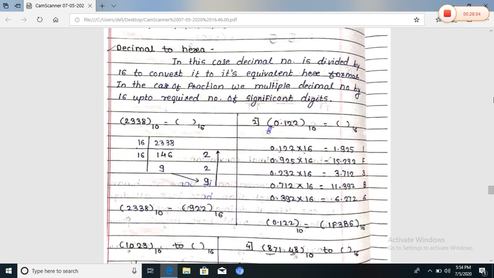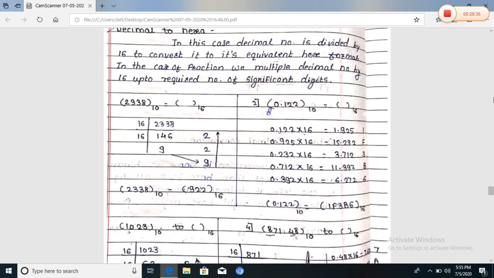Decimal to hex is the same as decimal to binary or decimal to octal: divide and record the answer, and the answer is noted from bottom to top. In decimal to hexadecimal the base is 16, so we divide the number by 16 and record the remainders. In the first example, 2338 is divided by 16, and the remainder and quotient are noted.